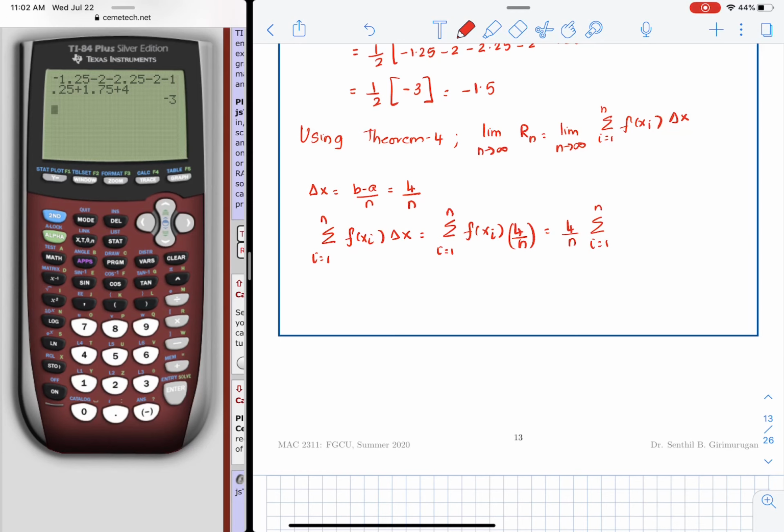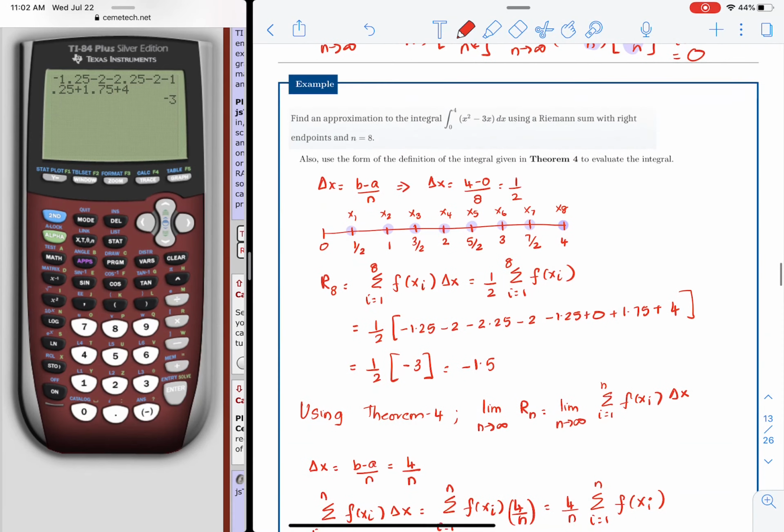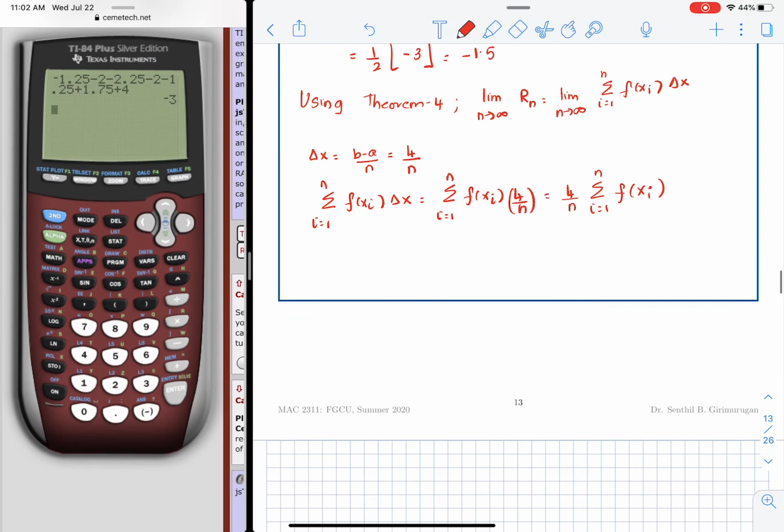Now we know that xi is a plus i times delta x, and a is 0 in this case, so we would simply have 0 plus i delta x, so we would have i times delta x.